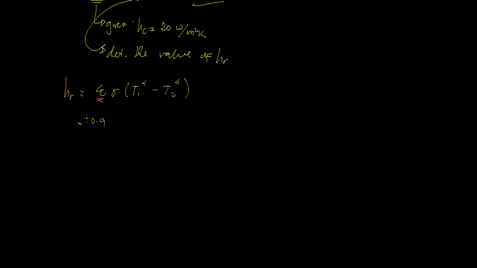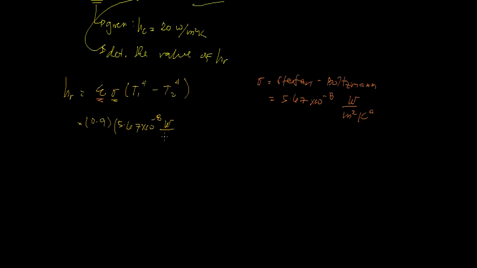So we have 0.9, and then our Stefan-Boltzmann constant is equal to 5.67 times 10 to the negative 8 watts per meter square K to the 4th, right? So we can now also substitute it here. So we have 5.67 times 10 to the negative 8 watts per meter square K to the 4th.